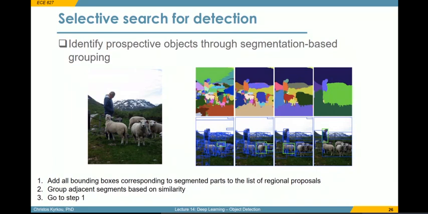This is an example of the selective search for region proposals. It works by first generating some sub-segmentation mask and extracting some region proposals. And then it merges some of these regions together and extracts a different set of proposals.